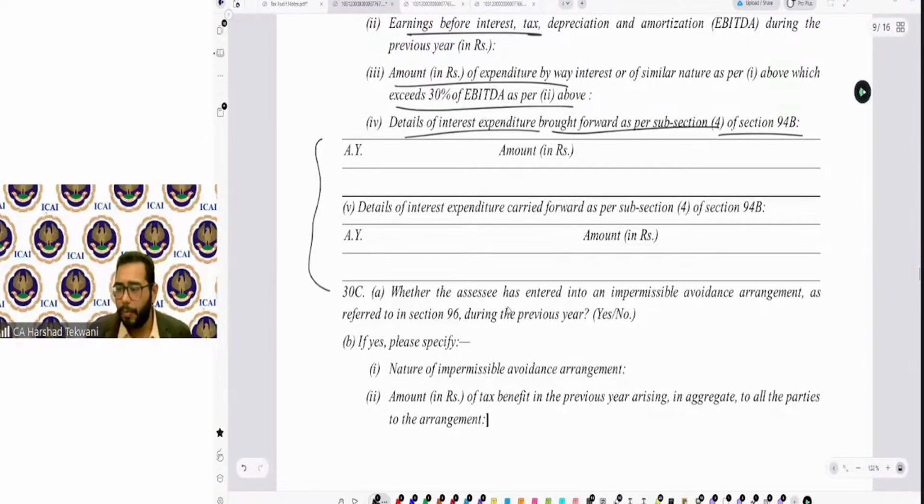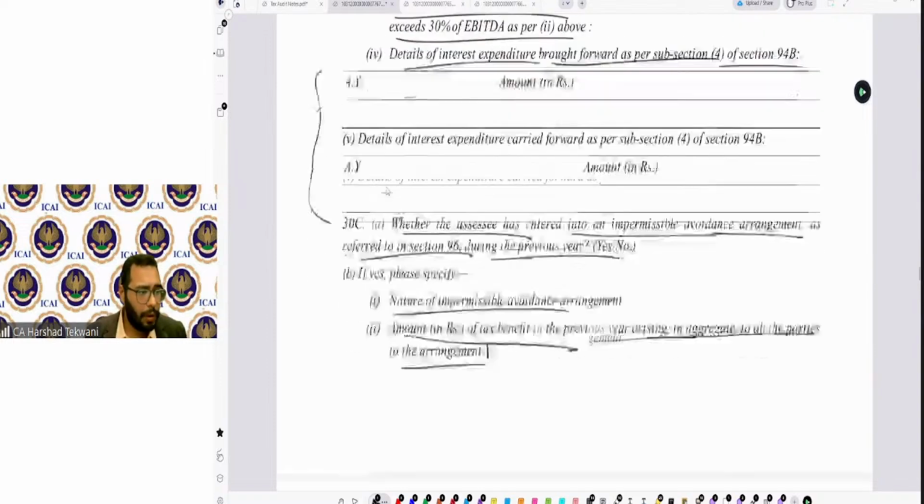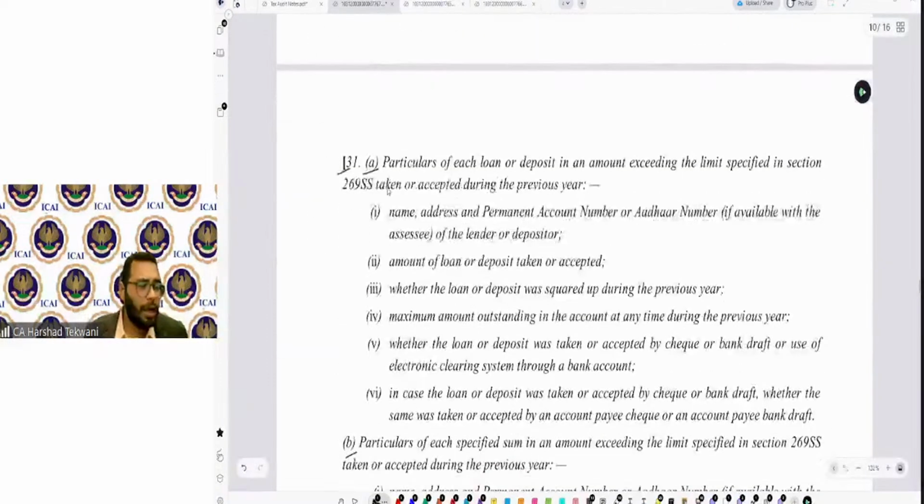30C is with respect to avoidance agreement, impermissible avoidance agreements. So whether the assessee has entered into an impermissible avoidance agreement as referred to in section 96 during the previous year. If yes, then the nature of the impermissible avoidance agreement and the amount of tax benefit in the previous year arising in aggregate to all the parties to the arrangement is required to be reported over here.